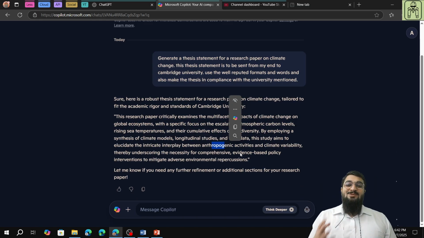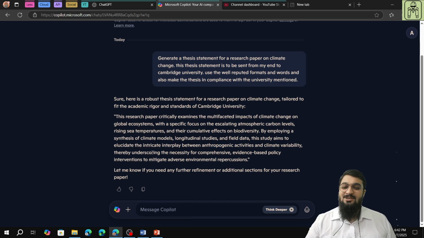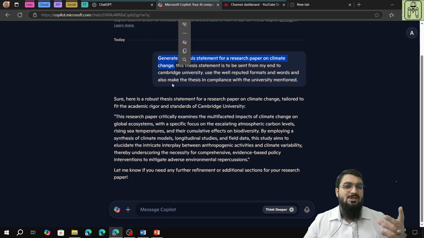So this was the response which we got from Copilot, and moving on to the next, which we can use as an academician. Basically, you can create something from an idea. You can mention that you're trying to do this using these parameters, in a particular region, with factors affecting it like economical, environmental, and social.